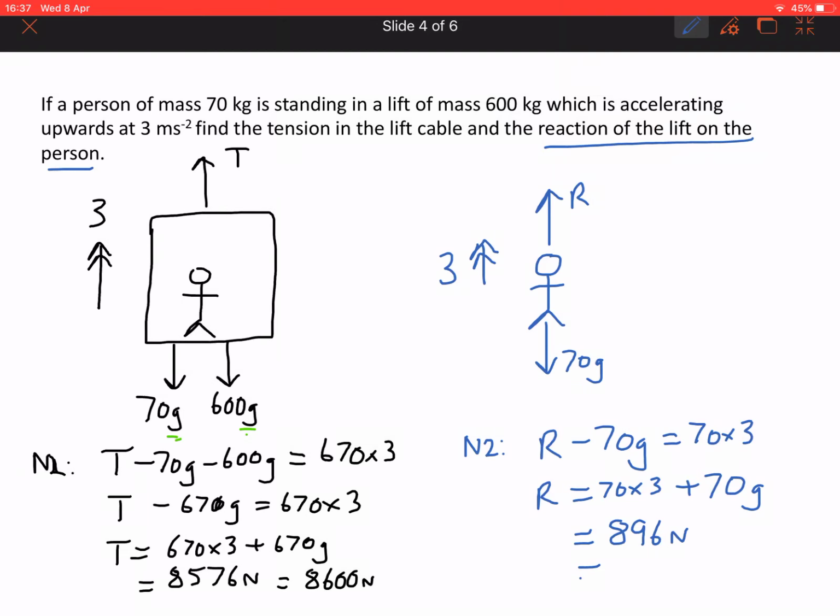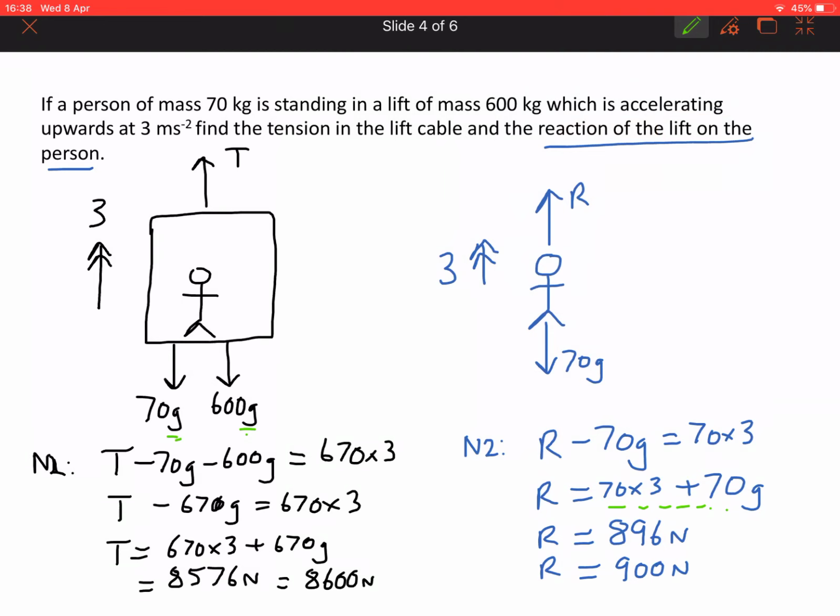Again, I'm going to round that to 2 significant figures, which is 900 newtons, because I've used g as 9.8. So the reaction on the person is 900 newtons, and the tension in the lift cable is 8,600 newtons. Now note, if the lift was stationary, the reaction would be 70g, and this line here shows you that the reaction is a little bit more than 70g.